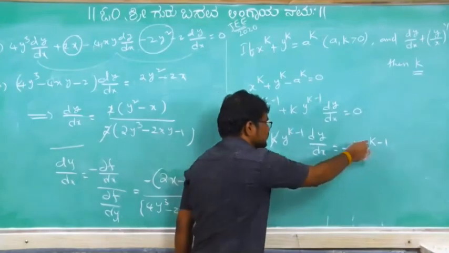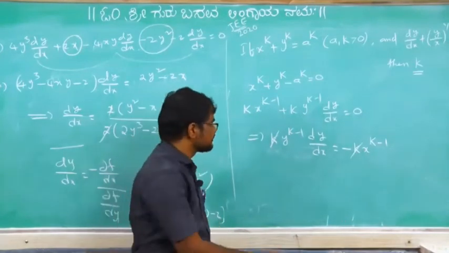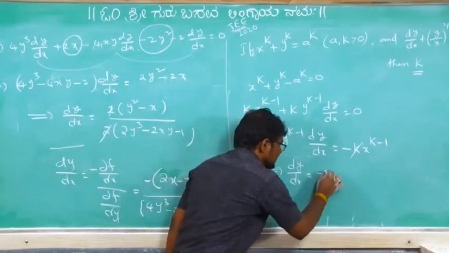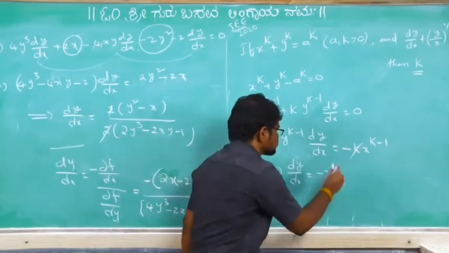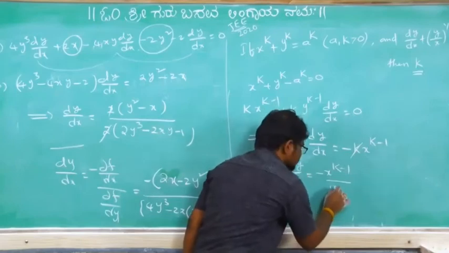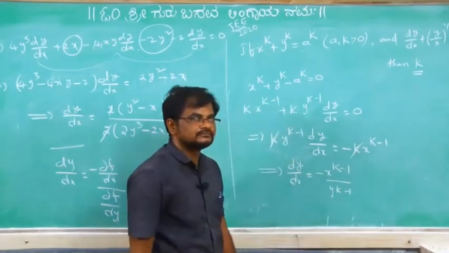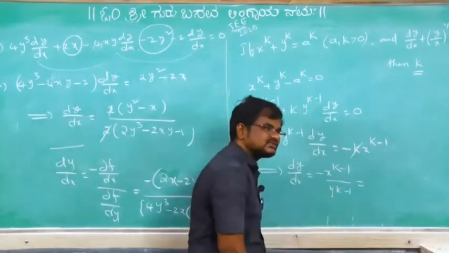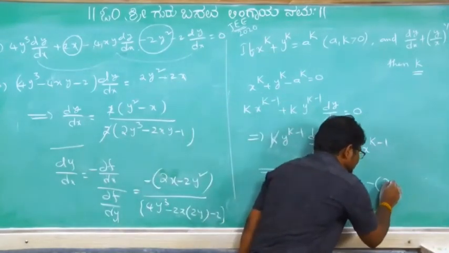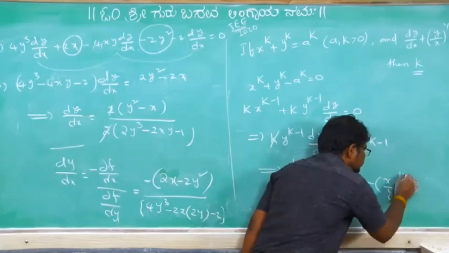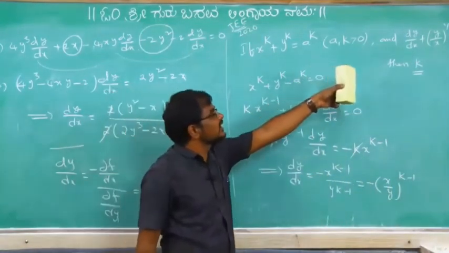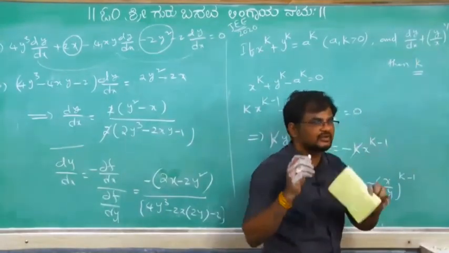Both the sides you can remove k. That implies dy by dx equal to minus x to the power of k minus 1 divided by y to the power of k minus 1. That again, you can write as minus x by y whole to the power of k minus 1. Bring this side because according to the given condition we have to simplify.